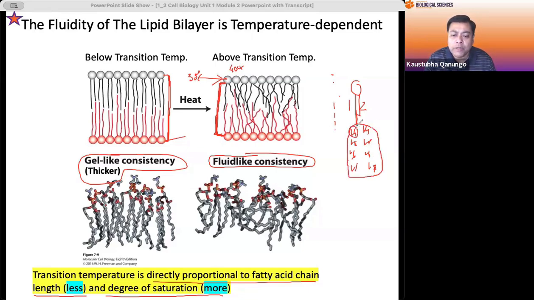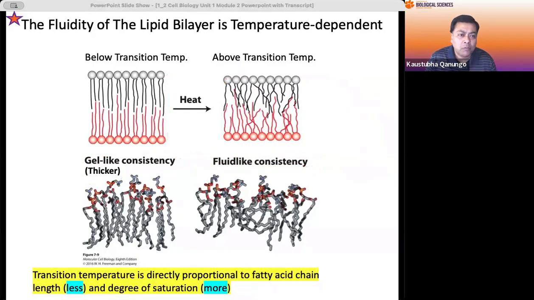So if you have a 14 carbon length, the transition temperature will be lower than with a 17 carbon. On the other hand, if there is only 1 or 2 unsaturations compared to all saturation, the transition temperature will drastically vary. That's the most important part here, and we'll spend some time on calculating some of these.